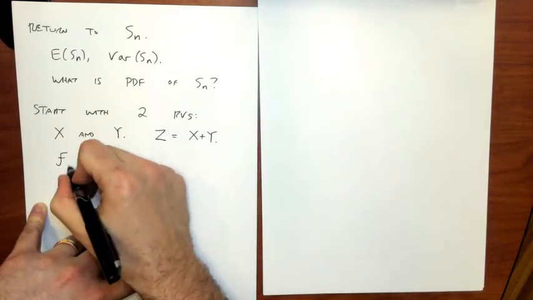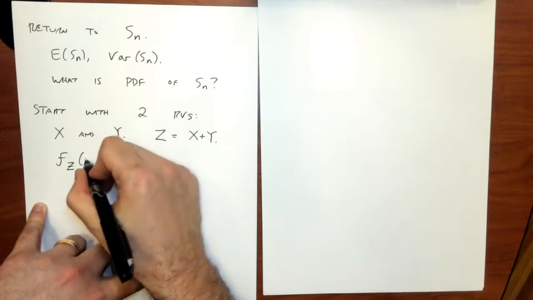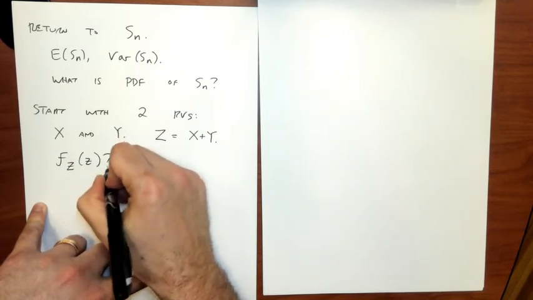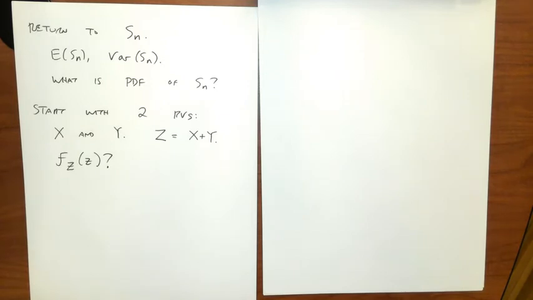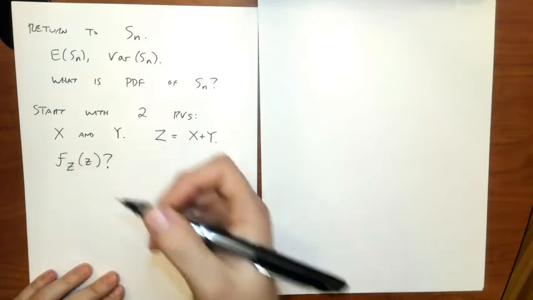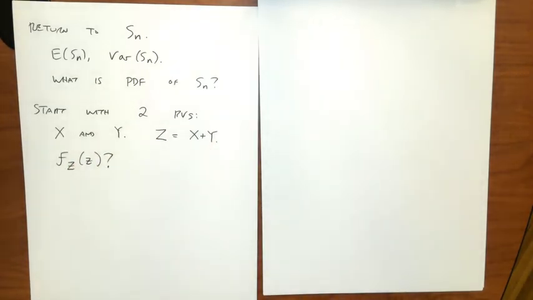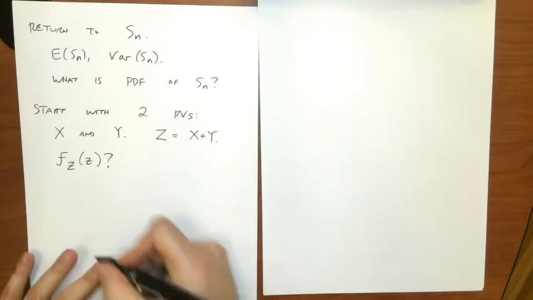So what is the PDF of z? Well, this is the kind of thing we could solve. Clearly it has to depend on the joint distribution of x and y, right? That's going to be involved somehow. So let's proceed from first principles. Remember that I would do this by first finding the CDF and then taking the derivative, right? That's the way we started to do it.